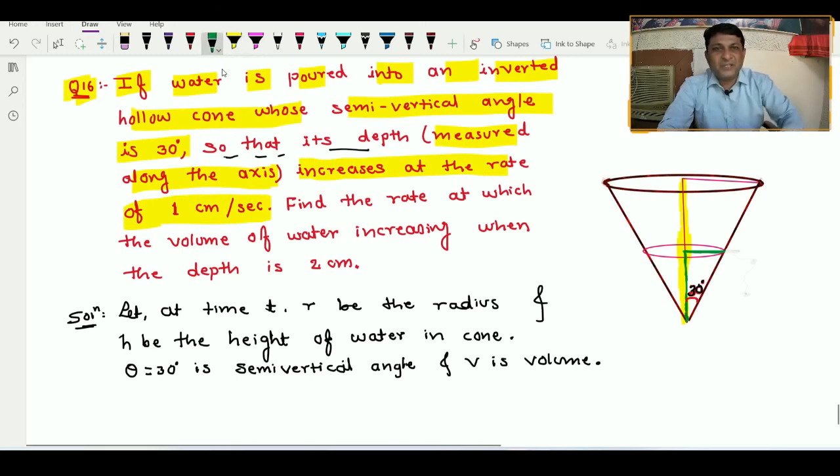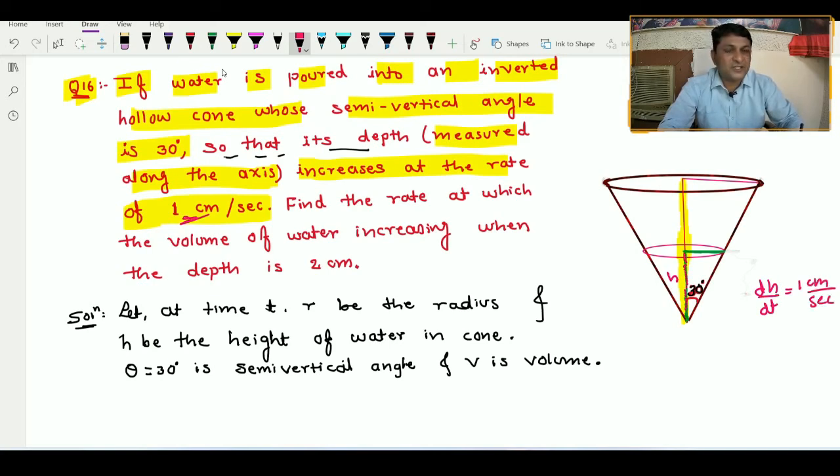So that its depth increases at the rate of 1 centimeter per second. Now if water is poured, definitely the height of the water goes on increasing. If we pour water inside, this height, which we denote by h, is increasing. Increasing means changing, and change means derivative. So dh by dt is equal to 1 centimeter per second.